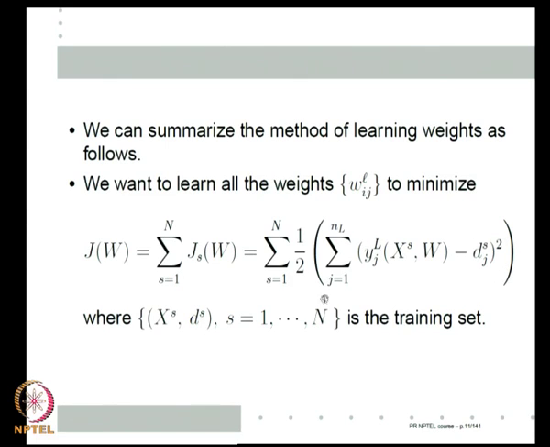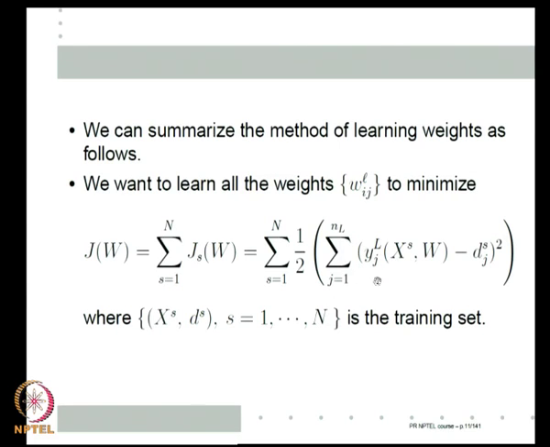I square the difference and sum over j, which gives the square of the error between the output of the network and the desired output, because the desired output itself could be a vector. As a matter of fact, assume it to be a vector with as many components as there are nodes in the output layer.